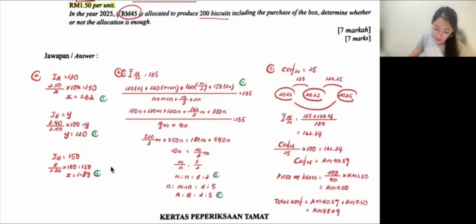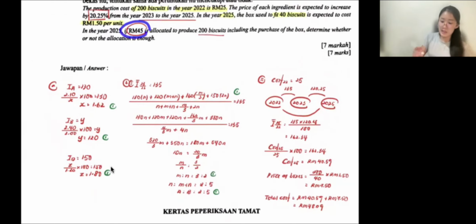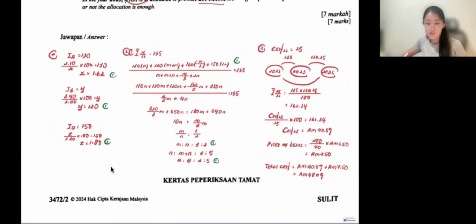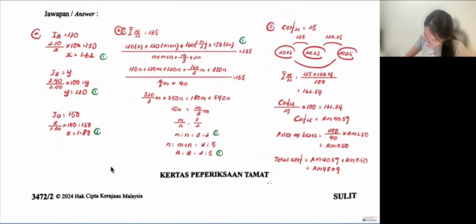Okay, then they ask, 45 ringgit is enough to cover or not? Enough or not? Not enough. Okay, answer the question. Not enough. Why? Because 45 ringgit is lesser than 48 ringgit 09 cents.